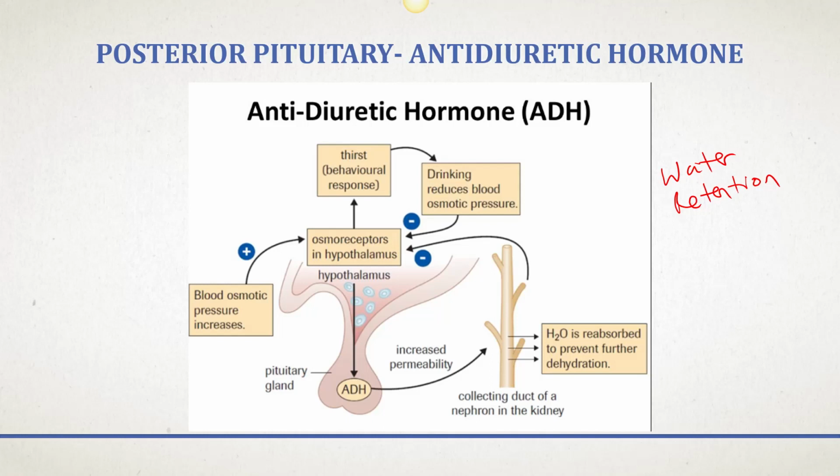Another major function of antidiuretic hormone is it wants to increase your blood pressure. So you've got your blood vessels, and inside of your bloodstream you have red blood cells, you have white blood cells, which have their little nuclei inside of them, and then you have a lot of liquid. Now if your blood pressure drops, what's really happening is the liquid volume in here is decreasing.